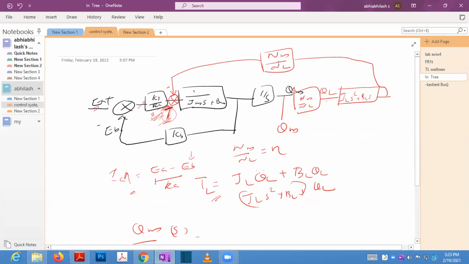It is a negative loop, right, sir? Yeah. Because now, this torque developed in the motor at no load is the no load torque. When extra torque is required, it should subtract from the main torque only. Okay, sir.